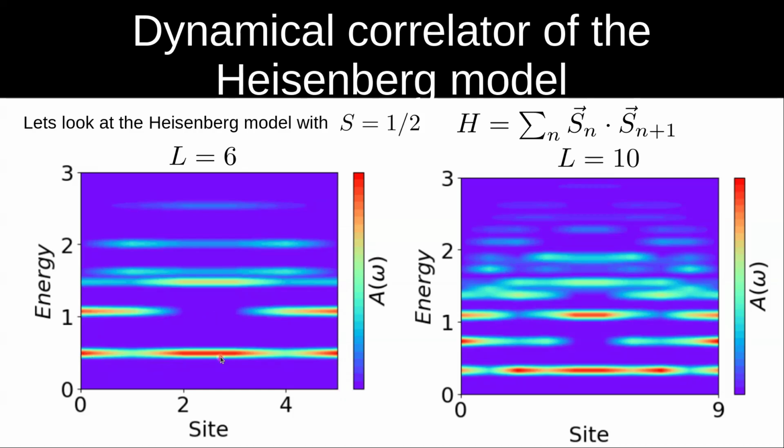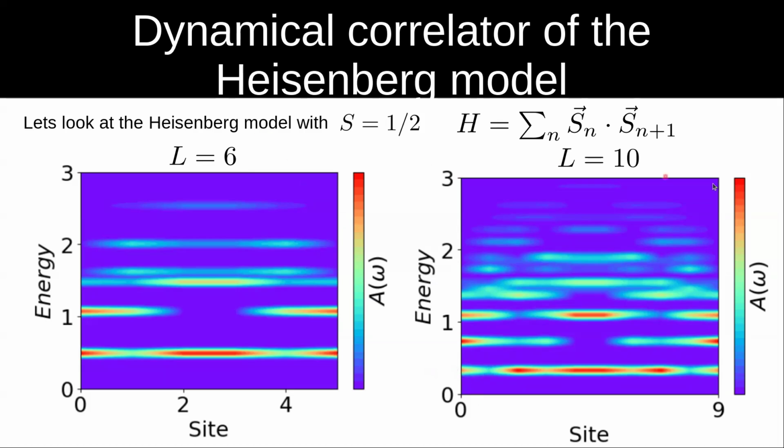These profiles that you see here are very much related to the profiles of the magnetizations that you observed before. And in the case of spin 1/2, if you keep making the system bigger, so if you go to a system that has 10 sites instead of 6, what you actually observe is that your excitation goes slightly down in energy, so it gets closer to the ground state.